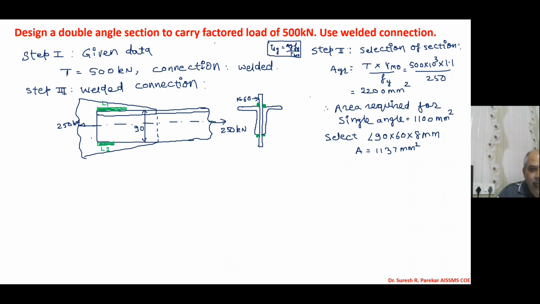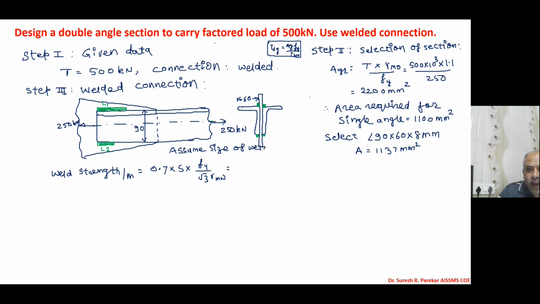And now again, as we have seen, I will go a little bit fast because you know this. So weld strength per millimeter is 0.7 into S into Fu upon root 3 gamma mw. Now assume size of weld 6 millimeter. How much we can assume?